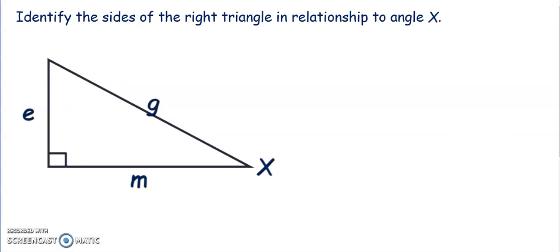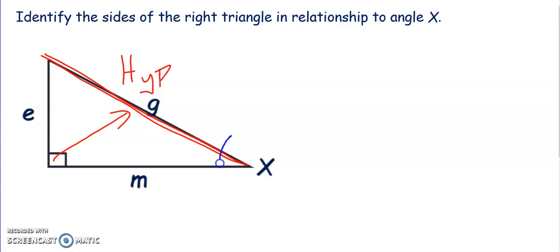Same thing, we want to identify the sides of this right triangle in relationship to angle X. So we are talking about angle X right here. The first side we always find is the hypotenuse. I draw my line out from the right angle. The side it points at is the hypotenuse. Then you take your pencil and draw an arc through the angle we're talking about.